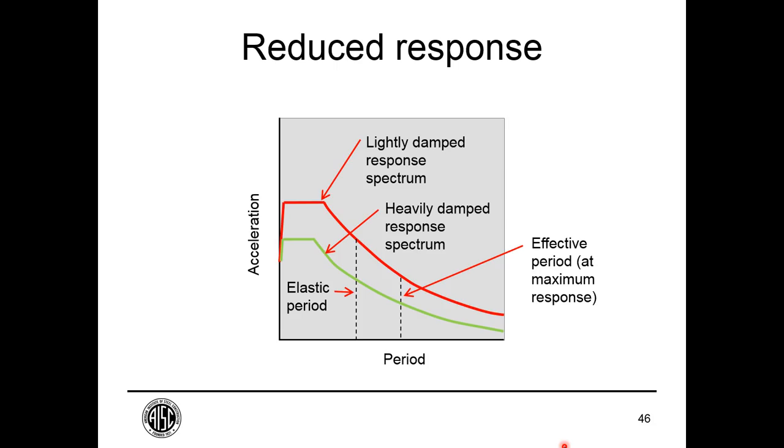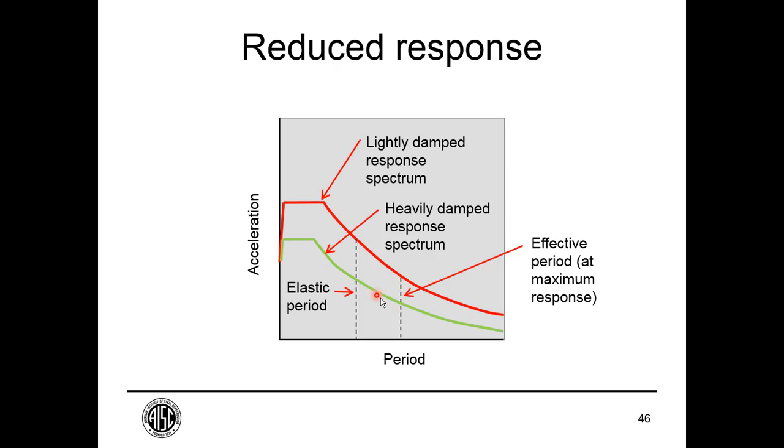So the period gets longer, and regardless of which spectrum we are on, we go from one period to the other period. In this period-dependent region, the response is going to get lower. Typically, we look at this acceleration spectrum, and the acceleration response reduces.